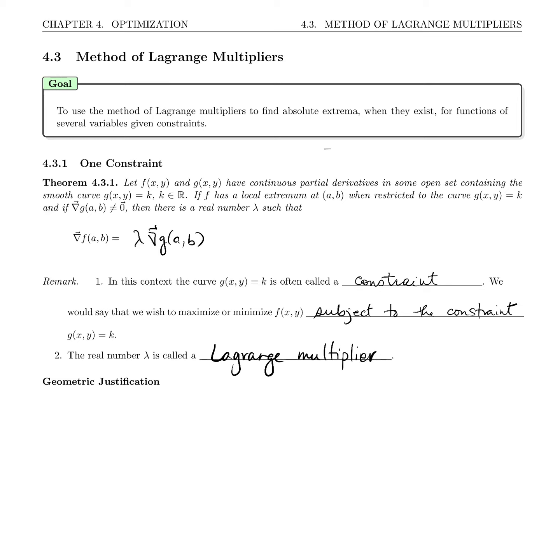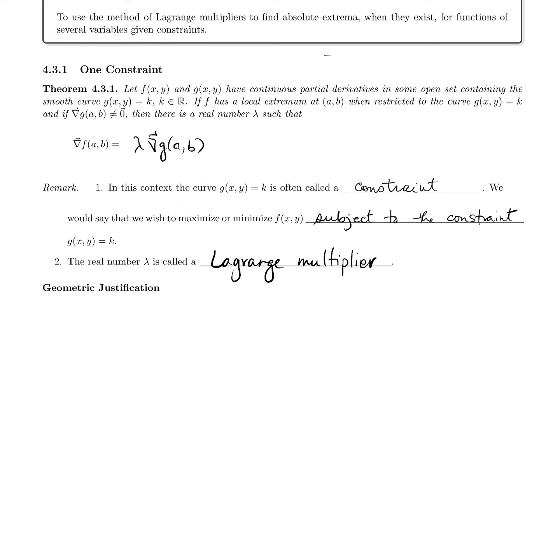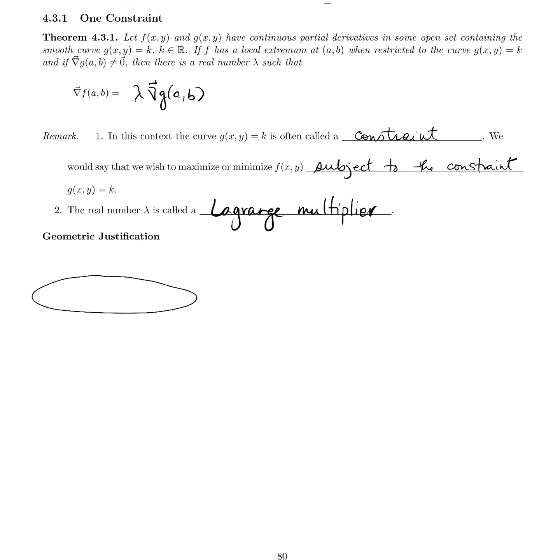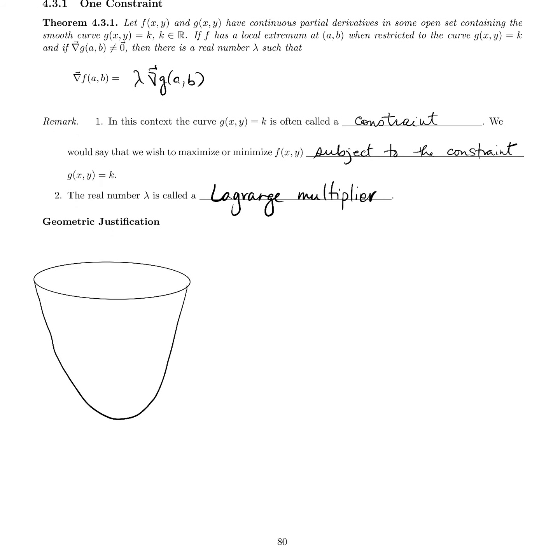Justification. So let's unpack this theorem and see what it's really talking about. First of all, let's imagine that we have a function f(x,y) that we want to maximize. So I'm going to draw a function that we've seen the shape of before. Let's draw this function as an upward facing paraboloid.